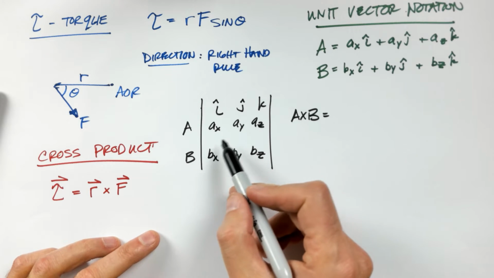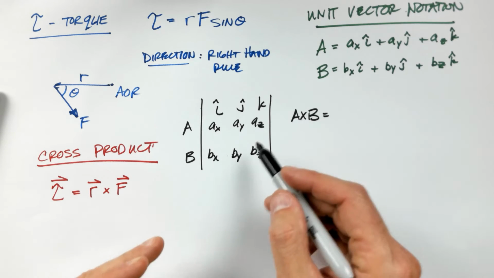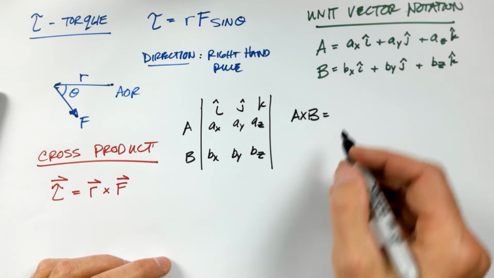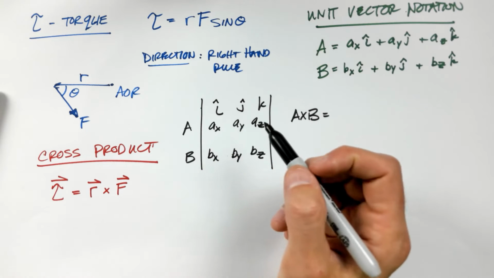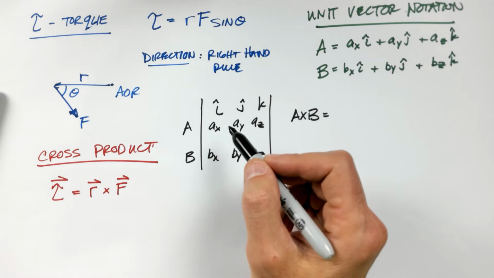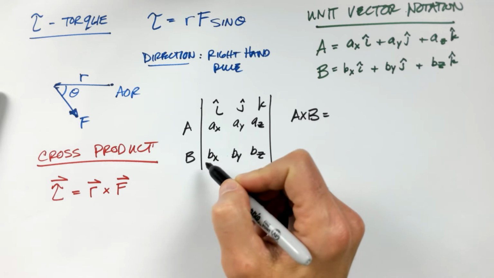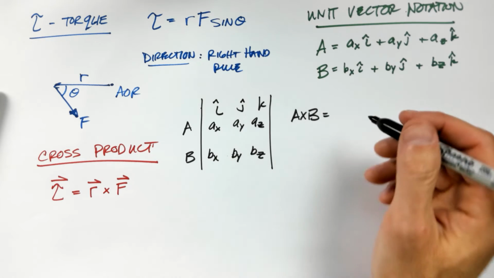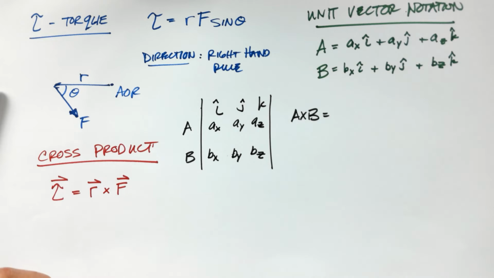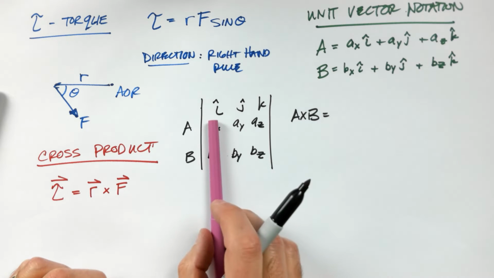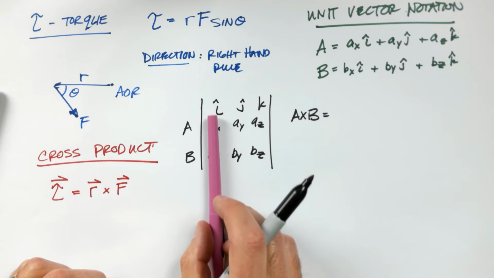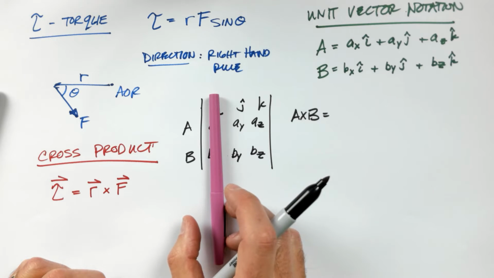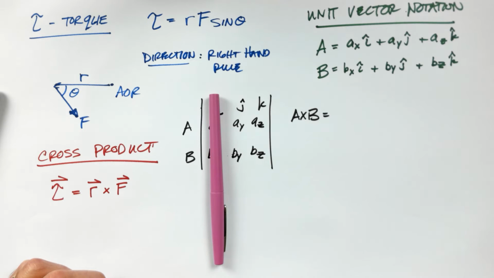So again, what are we trying to find? We're trying to find the perpendicular component of one with respect to the other in a three-dimensional aspect. And so what we first want to find is, in the i direction, what part of B is perpendicular to A with respect to the i direction. How we're actually going to do that using the determinant matrix is that we're going to cross out the i. If we're looking for the i, we cross out the i.